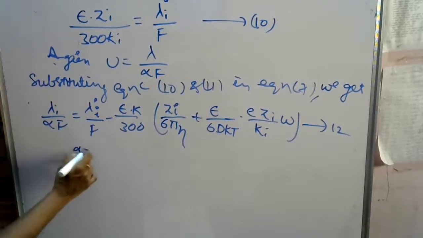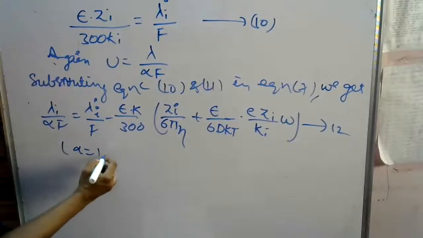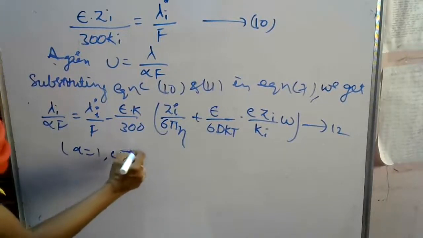If alpha is equal to 1, the electrolyte is said to be completely ionized.